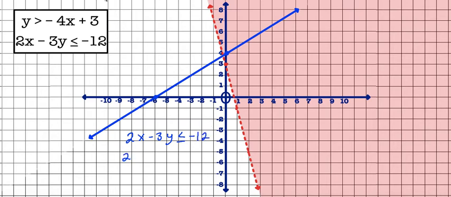So 2 times 0 minus 3 times 0 is less than or equal to negative 12. So that ends up being 0 is less than or equal to negative 12, which is not true. So we're not going to shade to the right of this line. We're going to shade to the left of this line.